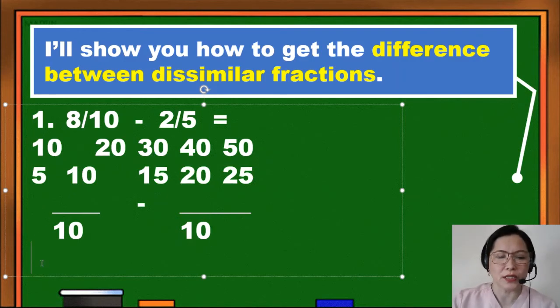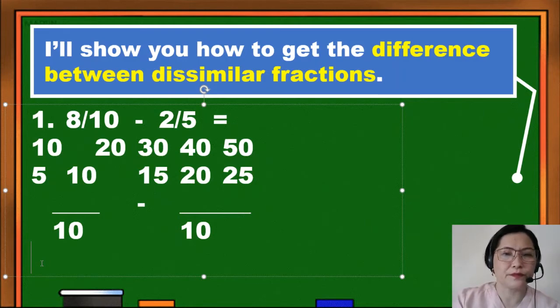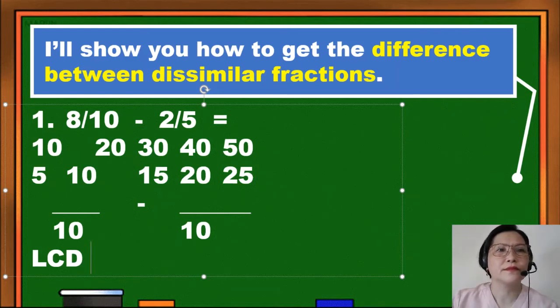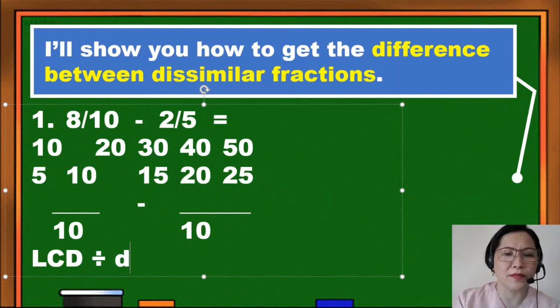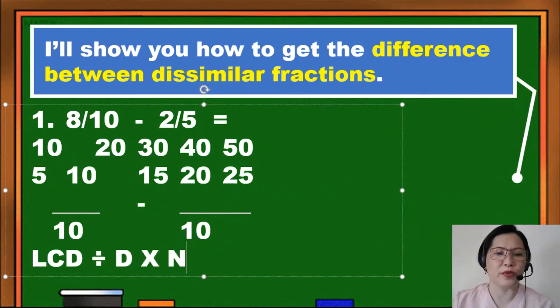We will divide the LCD by the denominator, then multiply by the numerator.